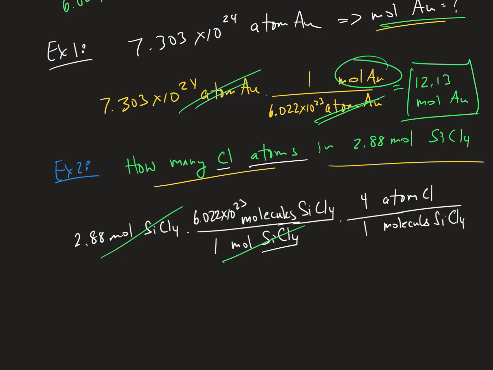Questions? Okay. Our unit is what we're looking for, so we can stop converting, multiply and divide, and we get 6.94 times 10 to the 24 atoms of chlorine.